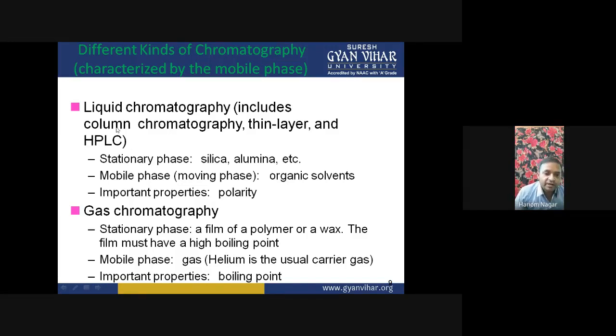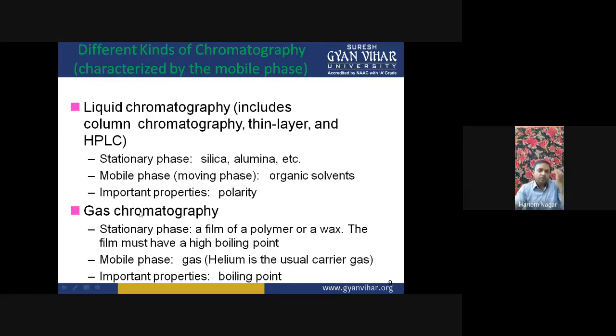These are the chromatographic techniques which have a liquid mobile phase, and the stationary phase here is silica, alumina, etc. Organic solvents are used as the moving phase in liquid chromatography. The important property is polarity, which is responsible for the separation or partition of the components between the stationary and mobile phase.